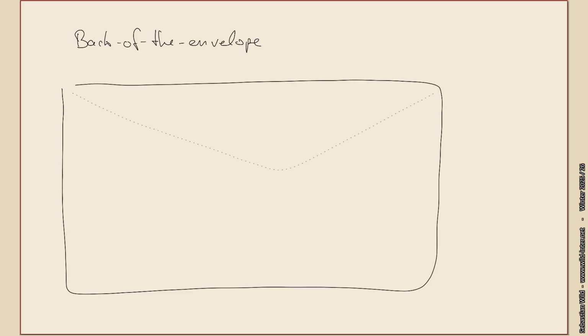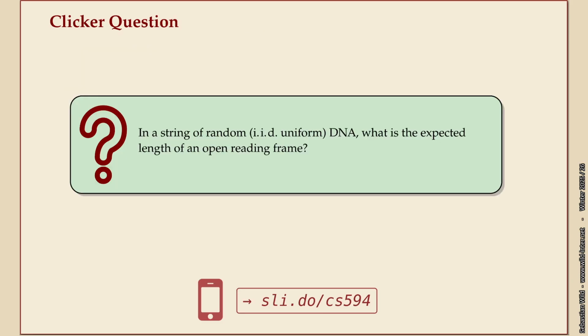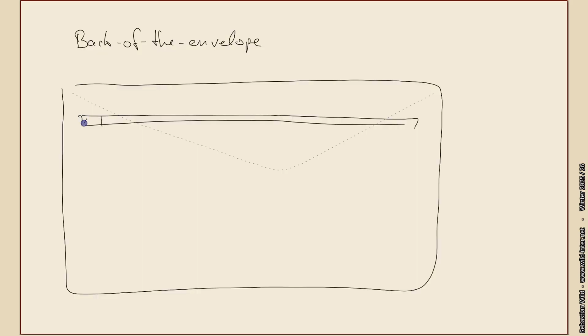So we have a sequence of DNA. And suppose there's the start codon, the ATG. And let's pick TAA, I can remember that one. That's what this thing has to look like.